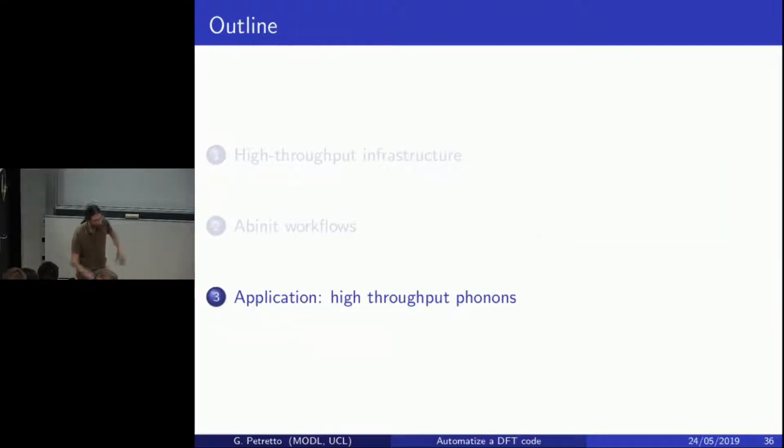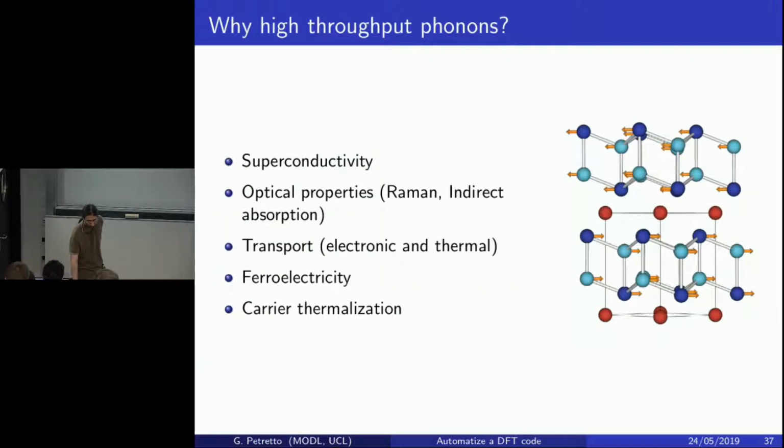So this concludes my overview of the workflow part and the problems that we have tried to face, and maybe that could be shared also in the AiiDA ecosystem. And the last part, I would like to show the actual application that we made with these workflows.